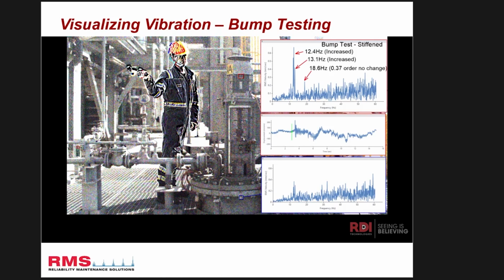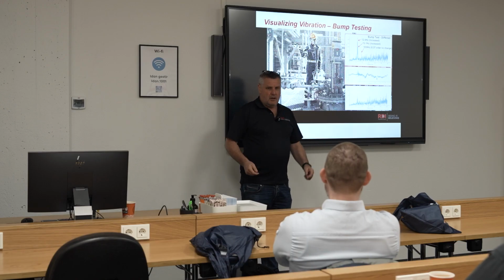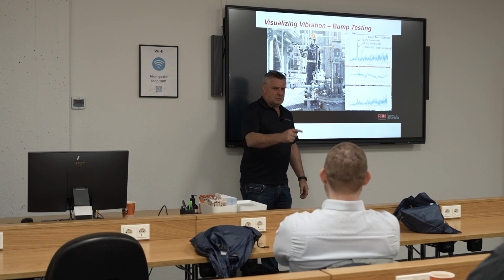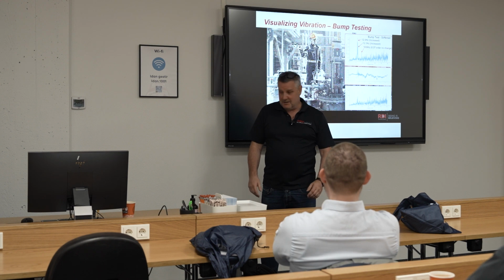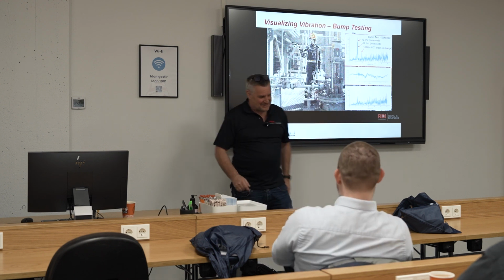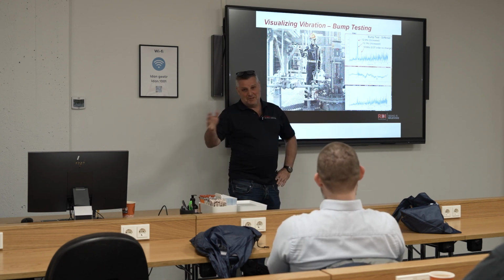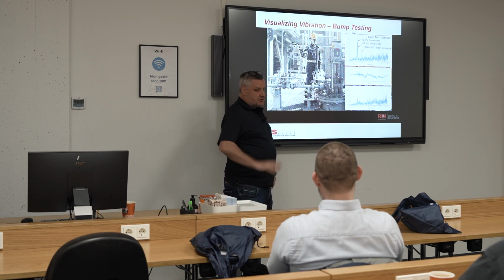The software and the analyzer will do it. But if you've ever been there when there's a component running and people are walking past and you're hitting something with a hammer, it's not a good look. And then you have to explain to them what you're trying to do. But that's the only way I know of to do that.